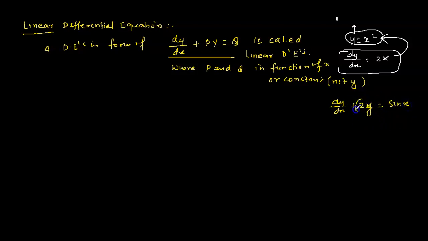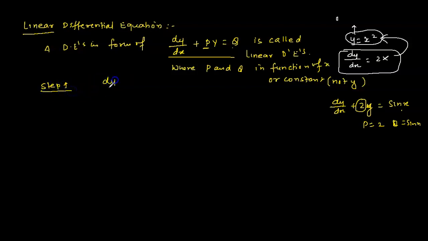Then compare this differential equation with the standard one. P is 2 here, right? And q is equal to sine of x. You have to make it in the form dy by dx plus py is equal to q. So step 1, what do you have to do?